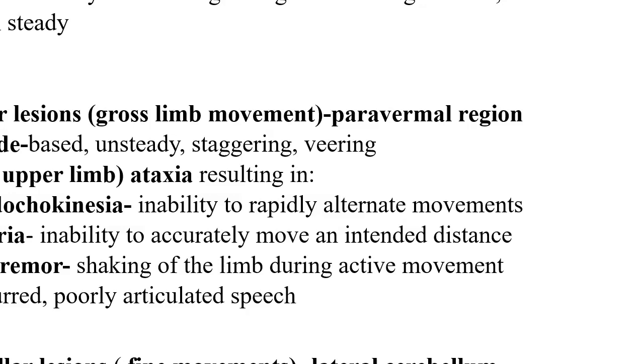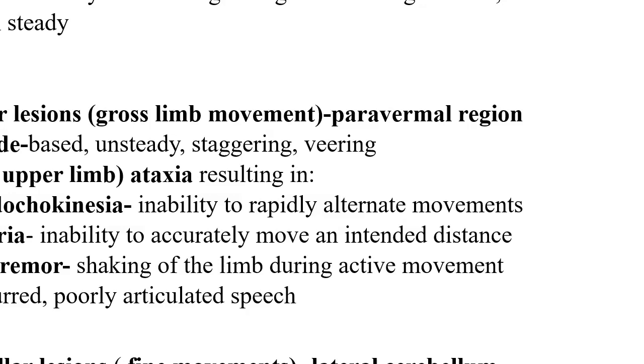So neurologists will have the patient tap the tip of their nose and reach out and tap the physician's finger for dysmetria. So we have an inability to move to a very specific place or distance. Sometimes with these folks, we see action tremors, which is a shaking of the limb during active movement. So if you're reaching for something, that limb gets shaky and inaccurate.